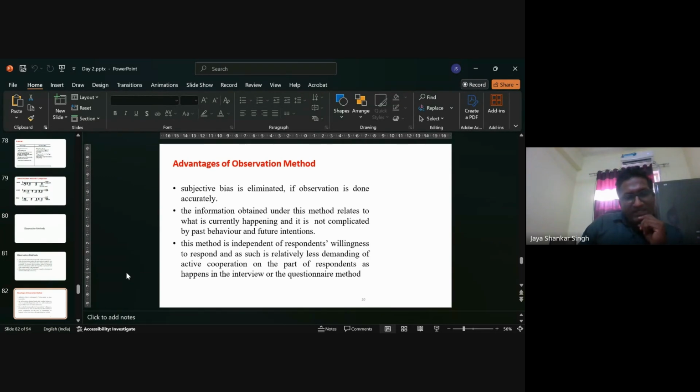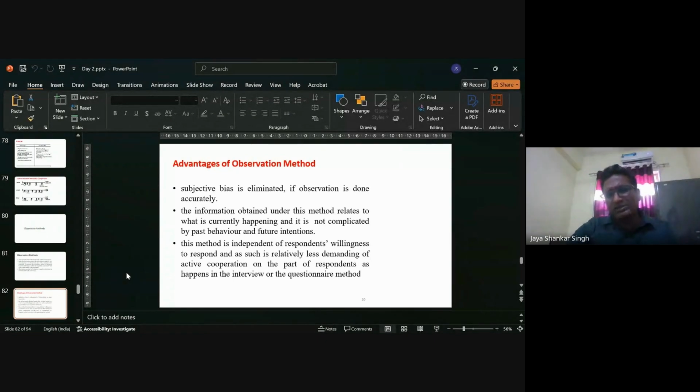So the subjective biasness is not eliminated, in fact, it is reduced if observation is done accurately. The information obtained under this method relates to what is currently happening and is not complicated by past behavior and future intentions.